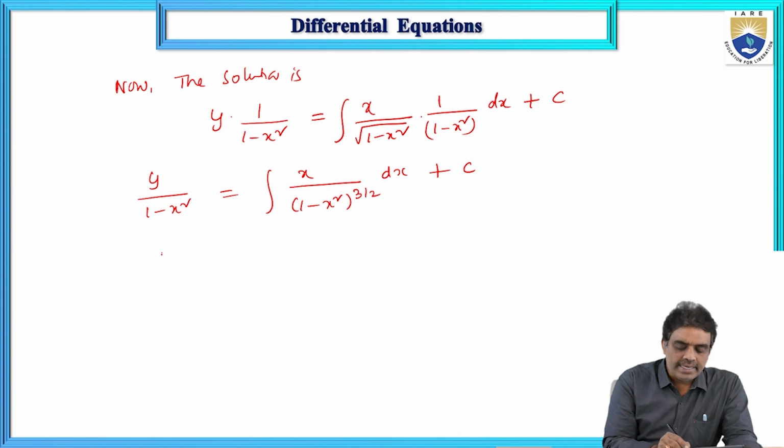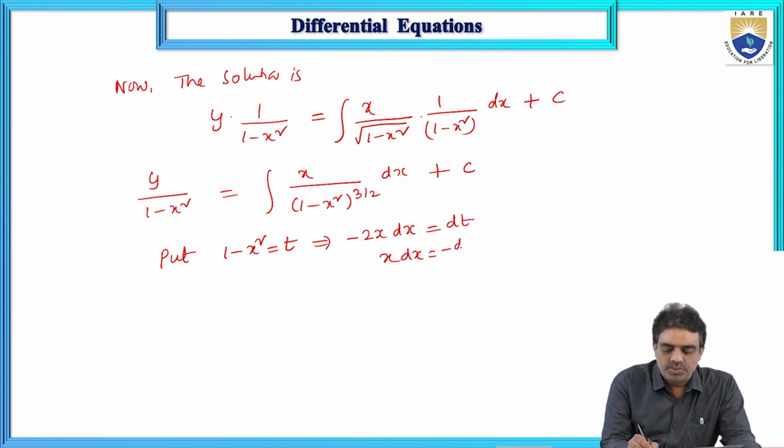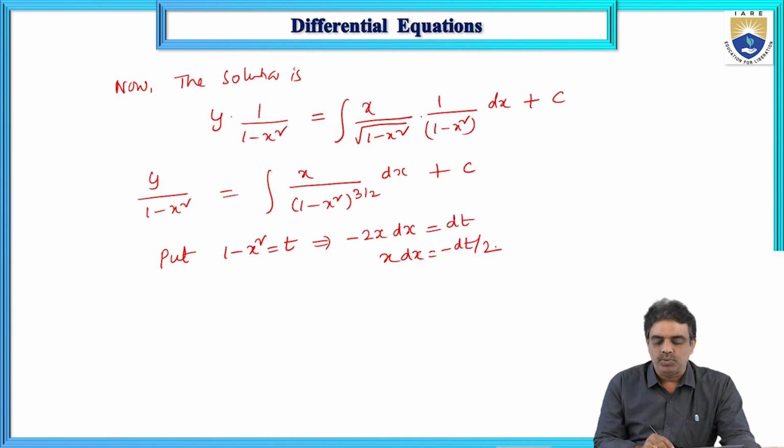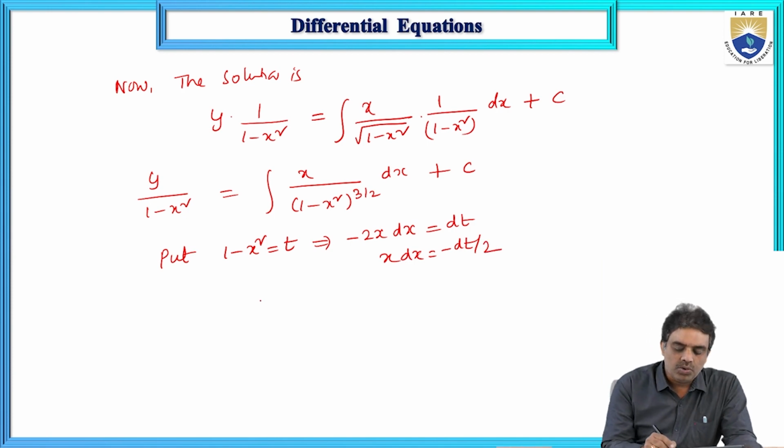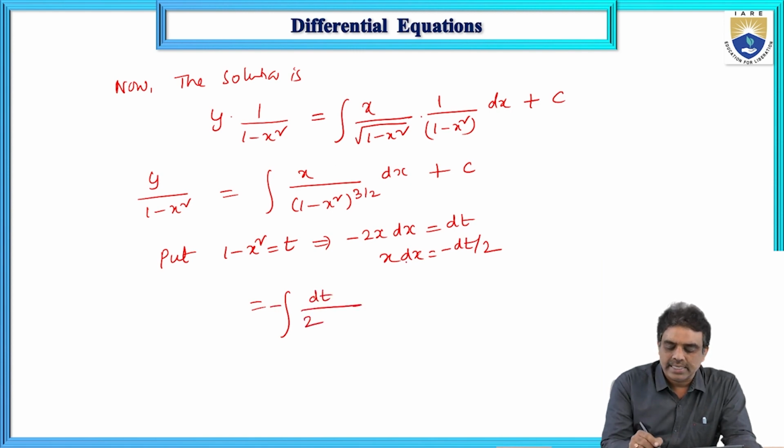So to evaluate the integral, I take the substitution method, put 1 minus x square is equal to t. On differentiating, minus 2x dx is equal to dt, or x dx is equal to minus dt by 2. So now the right side integral will have minus dt by 2, x dx replaced by minus dt by 2.